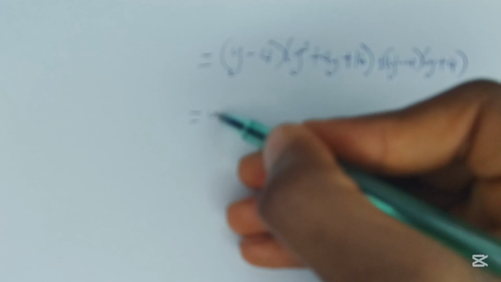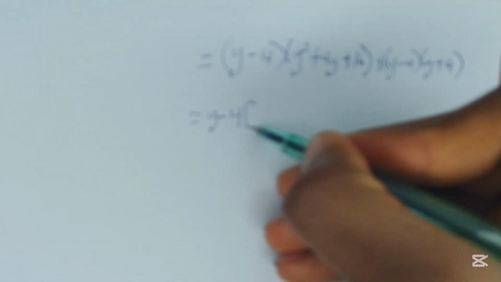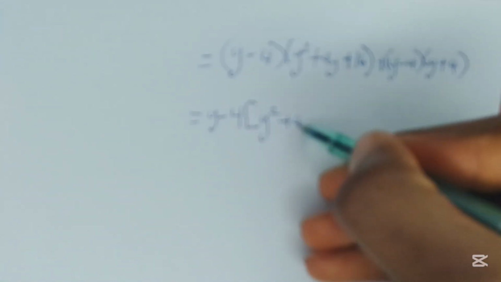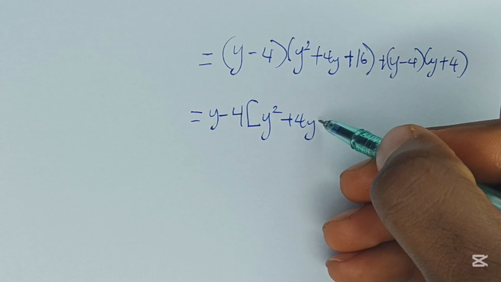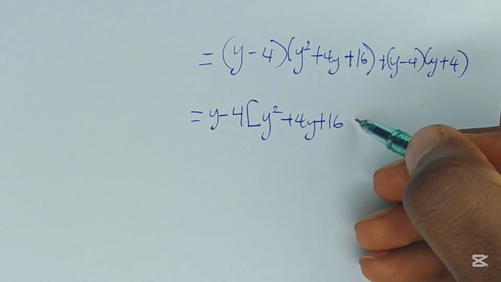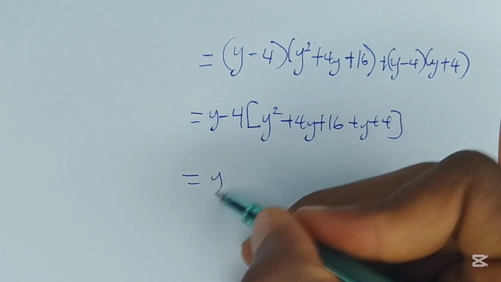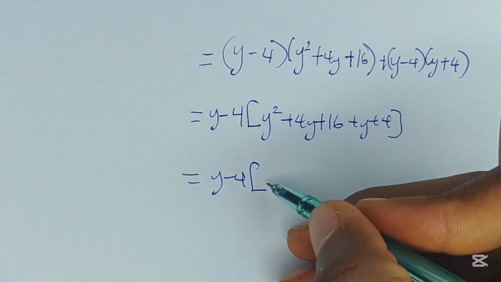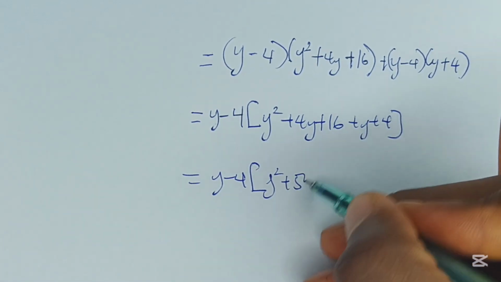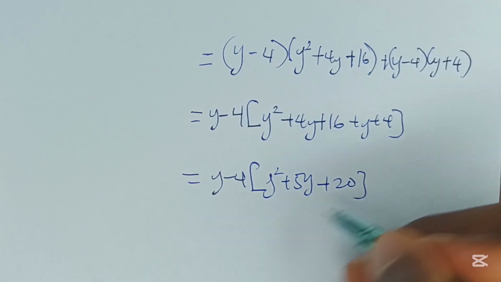Let's factor out y minus 4. So we have y squared plus 4y plus 16 plus y plus 4. This becomes y minus 4 into y squared plus 5y plus 20.